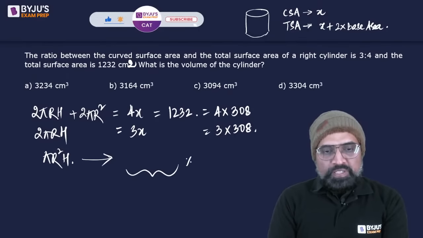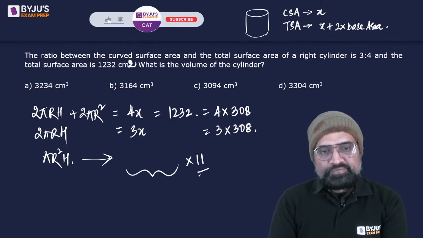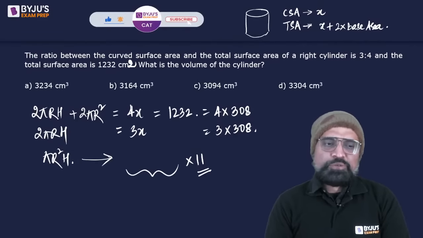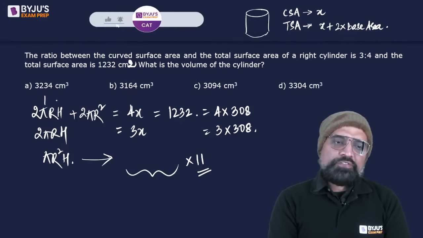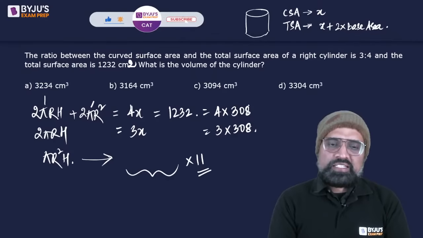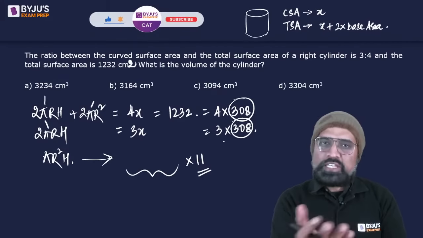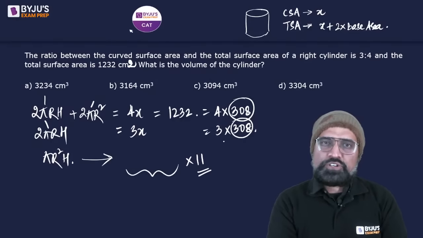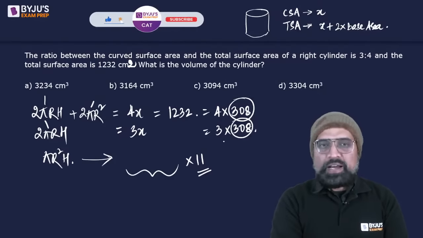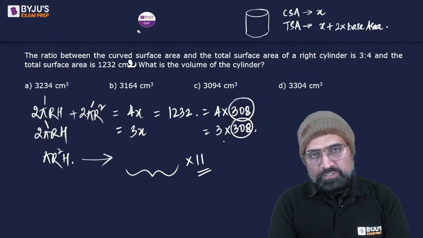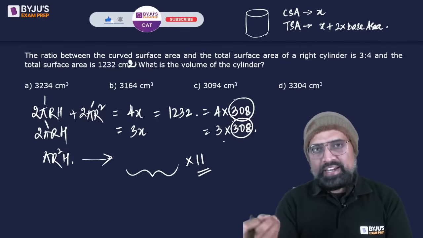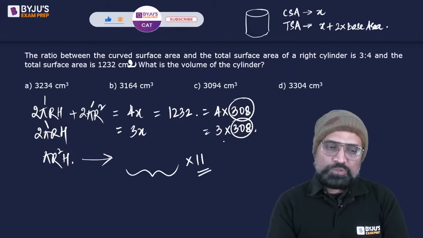So the answer should be in the table of 11, right? 11 के table में होगा. See, since we have a pi here, the number is in the table of 11. So that pi, if we consider that as 22 upon 7, so that 11 will cancel out, right? So that you get radius and height as integral values most probably.